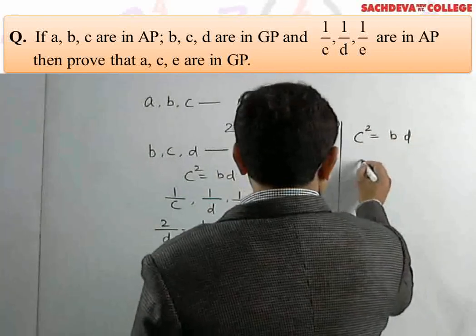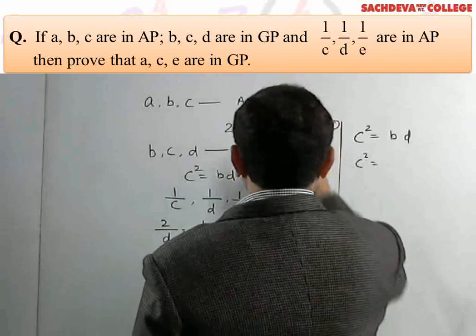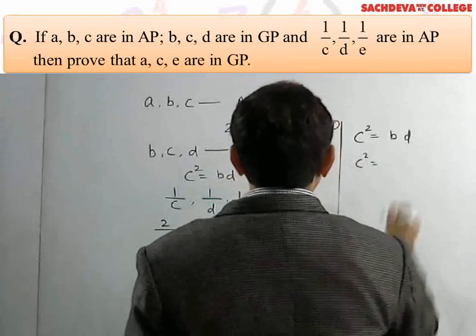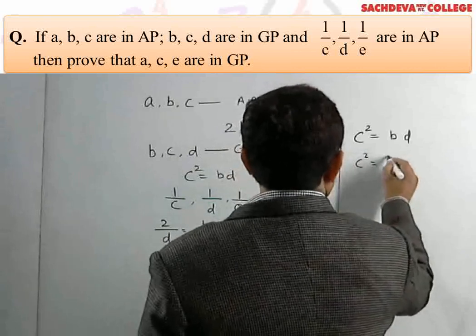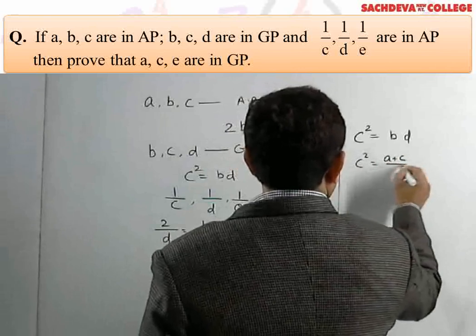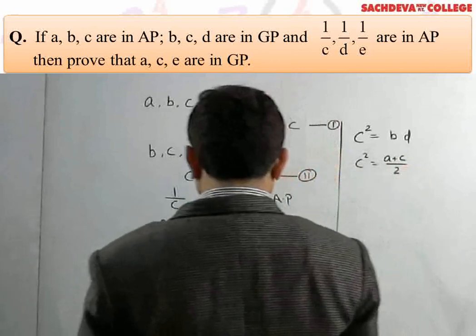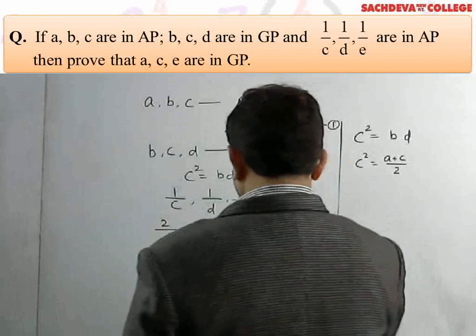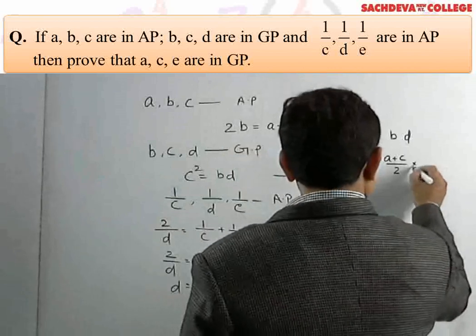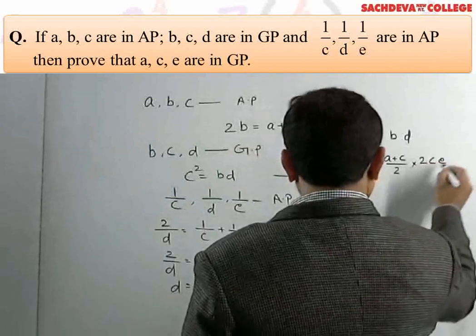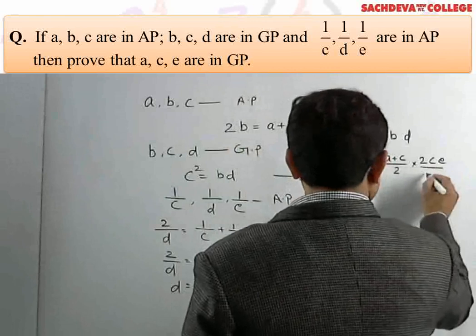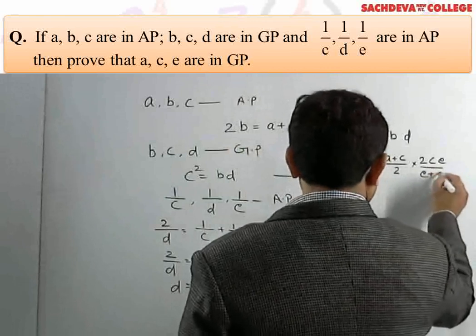So C squared will be equal to the value of B from the first equation, (A plus C) by 2, and the value of D is 2CE upon C plus E. It means E plus C.